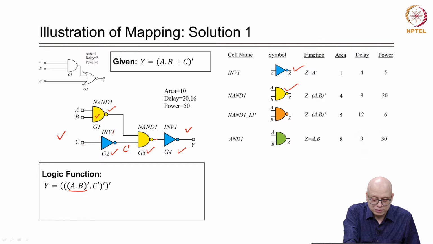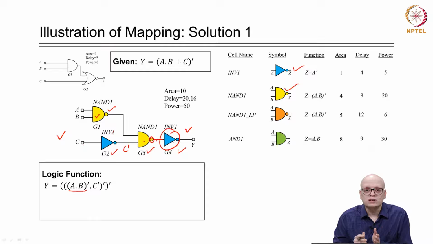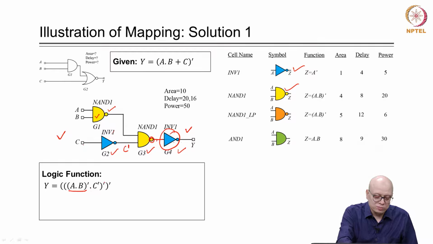So this signal will be (A dot B) whole complement into C complement, and then whole complement, and again we complement it because there is another inverter at the output. Since there are 2 inverters, one here and the other bubble here, NOT of NOT is the same signal. So we can remove these 2 complement operators, and simply write y is equal to (a dot b) whole complement dot c complement.